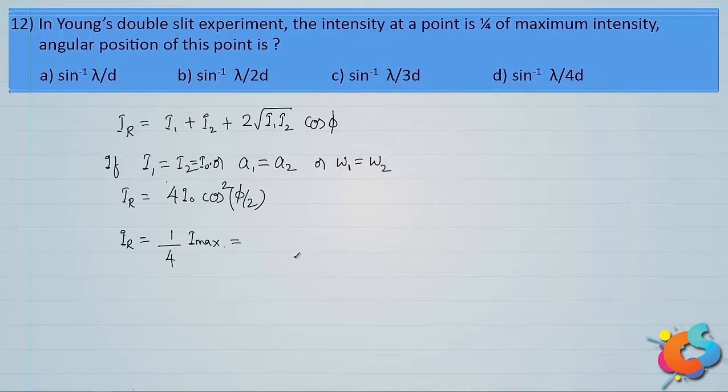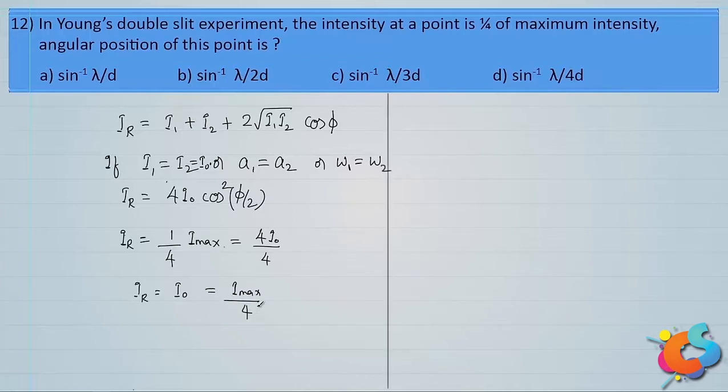That should be the intensity at the bright fringe, whereas the intensity at the dark fringe should be 0. So I can write this I max as 4 I naught. In that case, IR gets reduced to 4 I naught by 4, or IR is equal to I naught. Or you can simply call this as I max by 4.